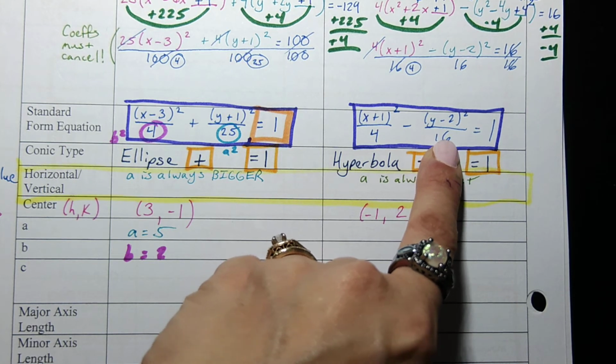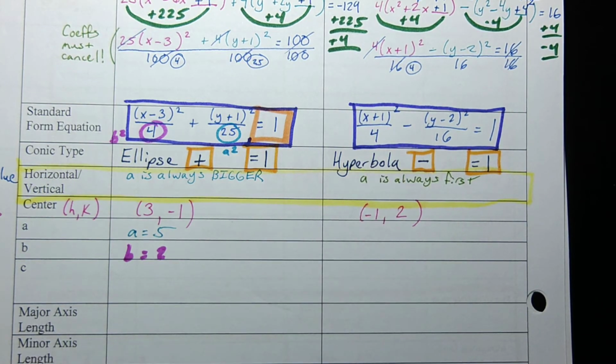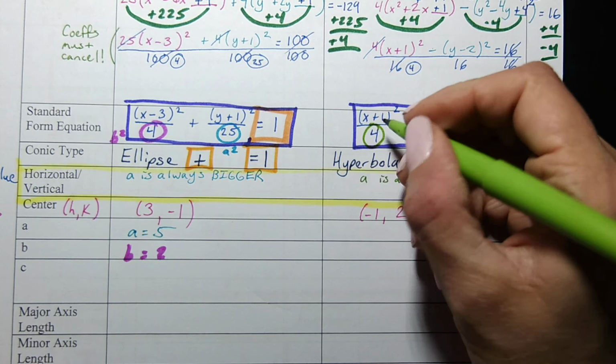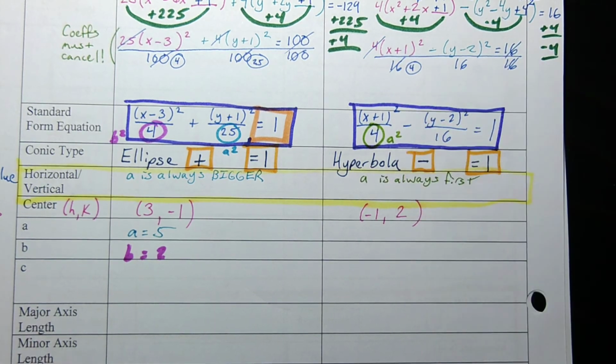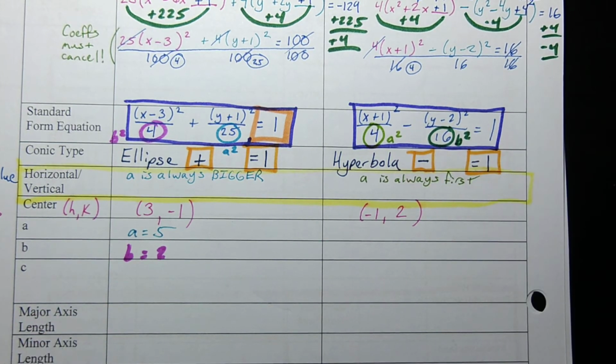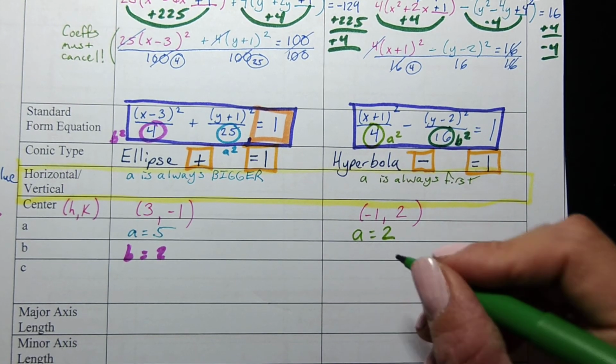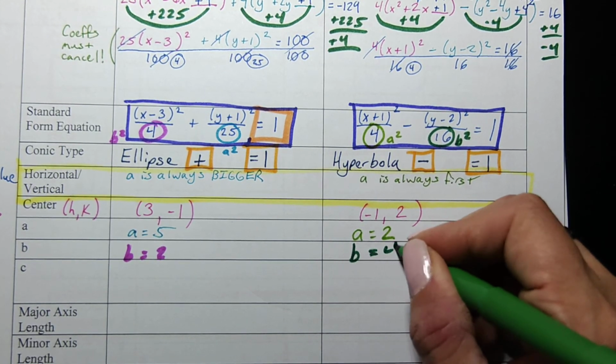But what is my a value for this one? 2. So since a is always first, that means the 4 corresponds to a squared, and the 16 corresponds to b squared. So a is 2, b is 4.